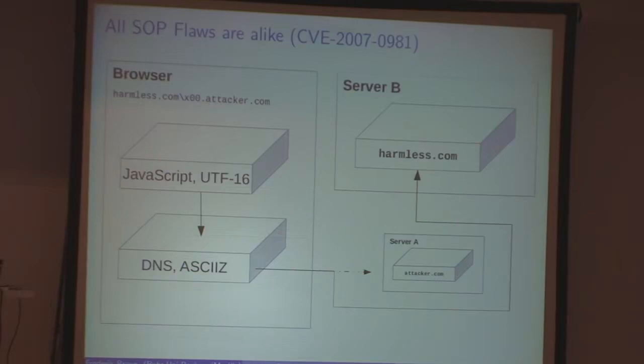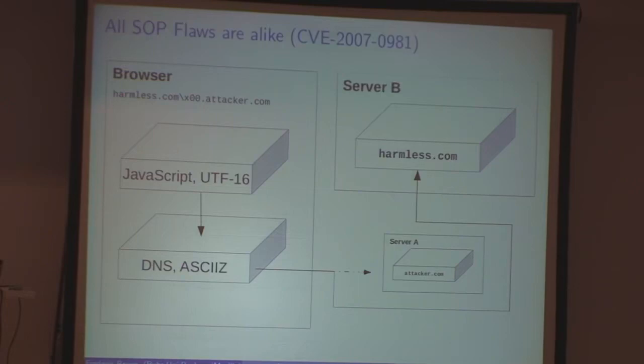So in this vulnerability from 2007, you instructed Firefox to change the current domain name to harmless.com, nullbyte.attacker.com. And the JavaScript world was fine with it. It's operating on UTF-16 strings. But then the whole HTTP request and DNS code in Firefox is actually based on ASCII zero terminated strings, which thought, okay, this is harmless.com.